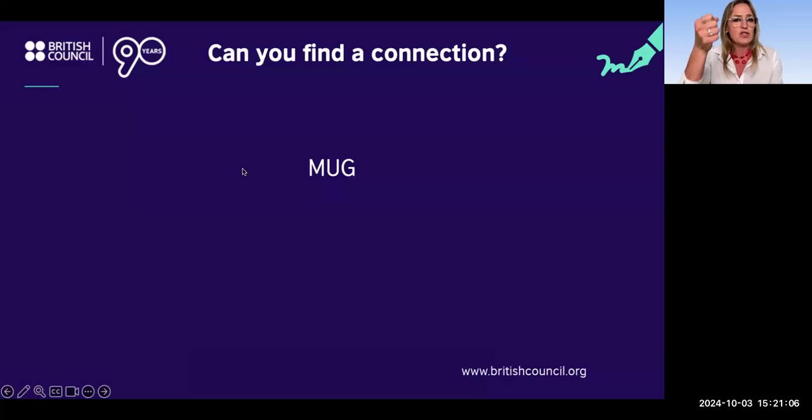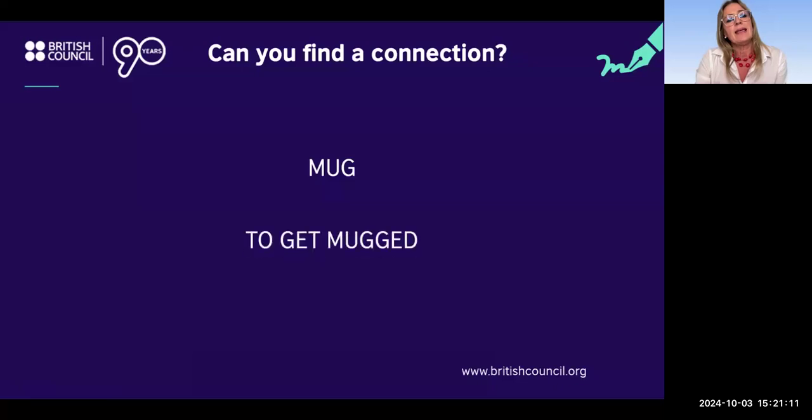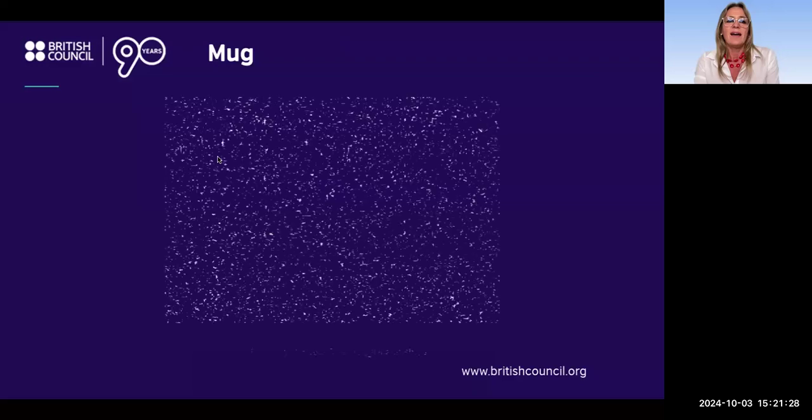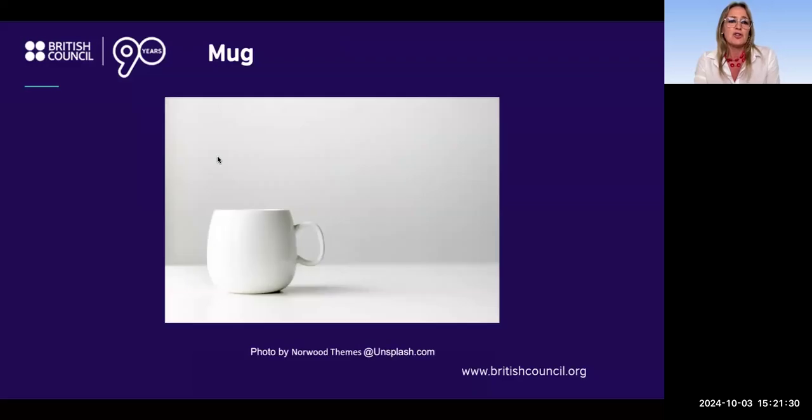Mug, as in the object that we use to drink, and get mugged. So typically what happens to elderly ladies, maybe walking in the street when a thief runs past and snatches her handbag. So what is the connection between a mug and get mugged?